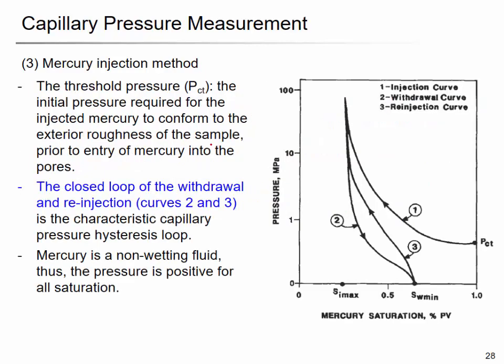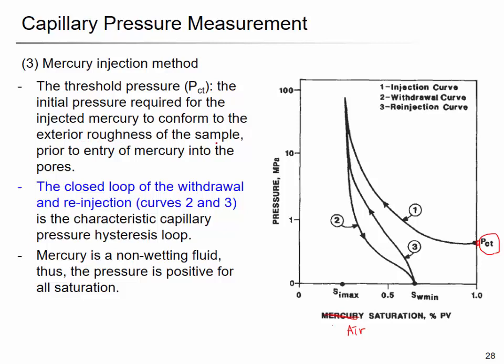And the same concept here. You have air saturation, and you need to apply the threshold pressure for the initial invasion of the mercury, and this pressure is to conform to the exterior roughness of the sample.